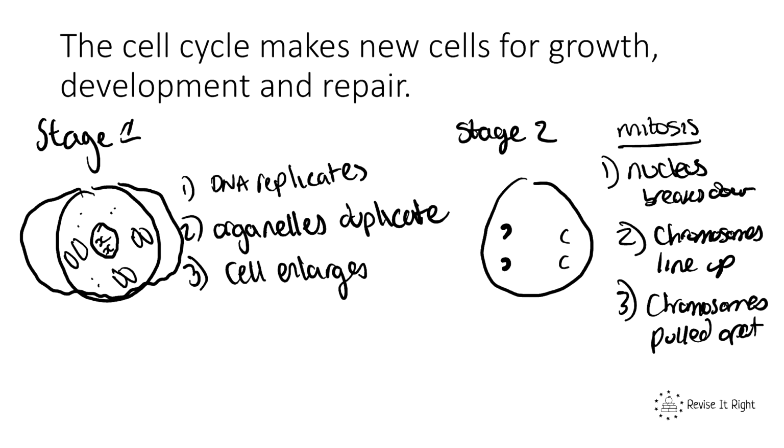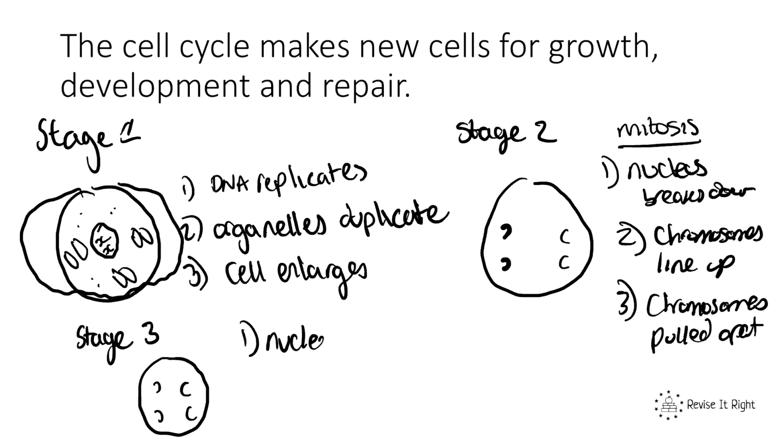And then in stage 3, what happens, so I'm going to draw what we had at the end of stage 2. What happens is a new nuclear membrane forms, and a new cell membrane forms around the cell. So see what I'm doing there? And cell membrane forms around the cells, and then the cells actually split up.